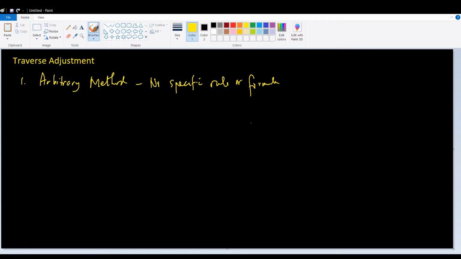In other words, the adjustment will be based on the sound judgment of the surveyor because he is in the best position to identify which particular line requires the most or the greatest amount of correction.